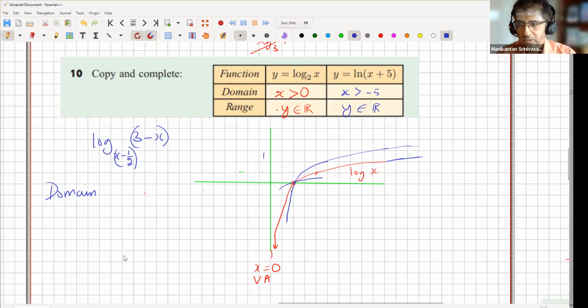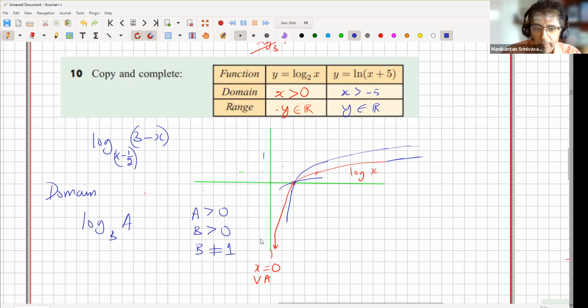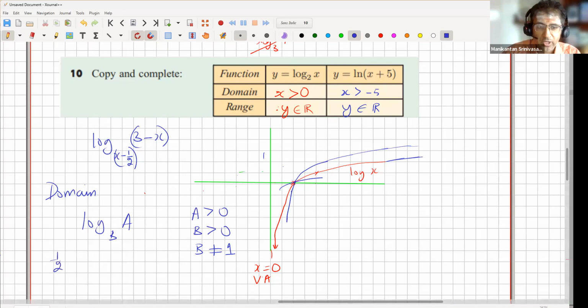Anyone? It's just putting together all the rules. When you have log a to the base b, what all did we study? We saw that a must be greater than 0. We saw b must be greater than 0. We also saw that b cannot be equal to 1. So is it x is greater than half or less than 3? Almost right. And one other thing that Sumair mentioned is also important, that x cannot be 3 by 2, because that will violate this.